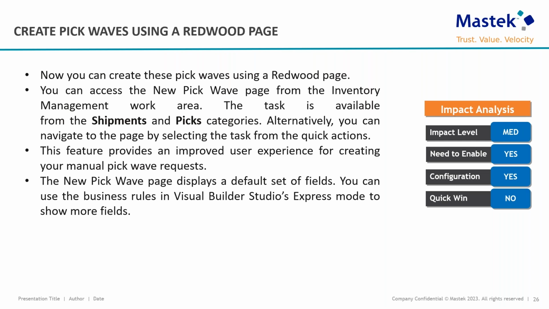Next one is create receipt returns using a sub-inventory that is not quantity tracked. This feature allows us to return transfer orders to the original source of inventory associated with the transfer order. For instance, if a transfer order is shipped from inventory organization A to inventory organization B and received into a sub-inventory that is not quantity tracked, you can now return the transfer order back to the source inventory organization.